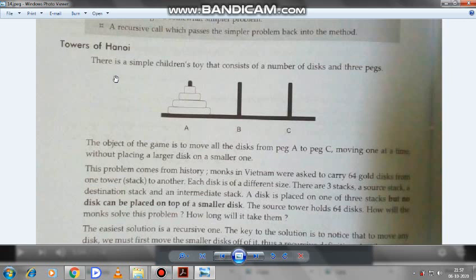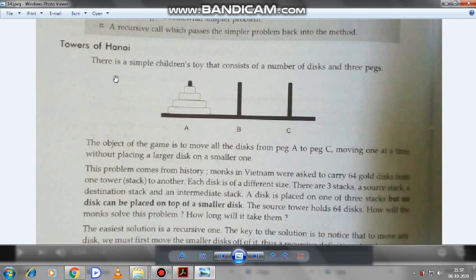Now this is a simple children's toy where some discs are there of varying diameters and three pegs, A, B and C. The task is to move all the discs from peg A to peg C using B as the intermediary peg.